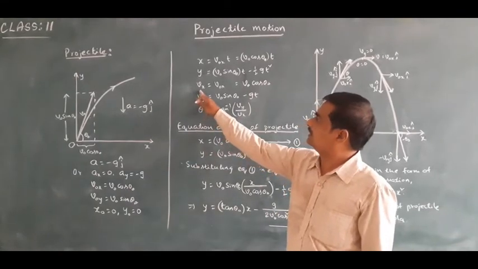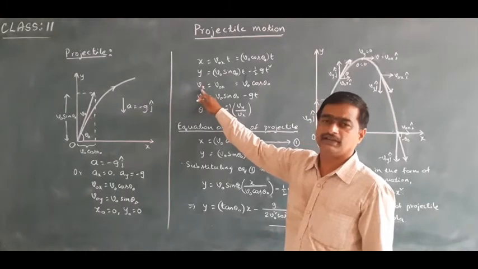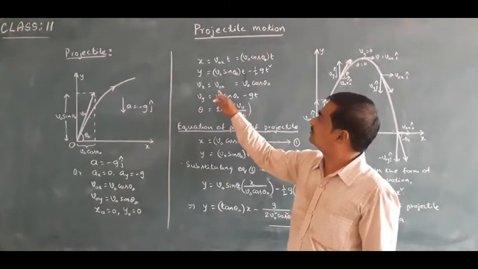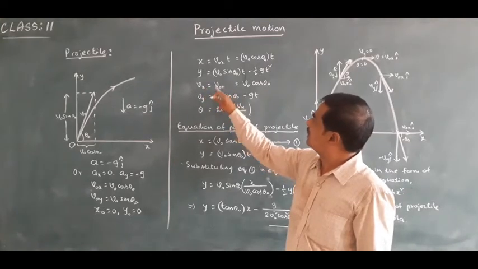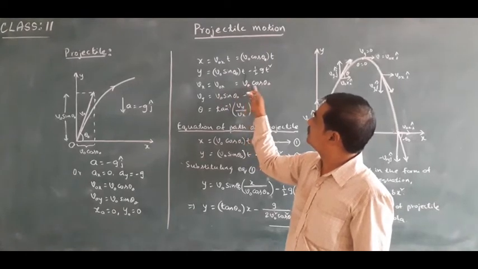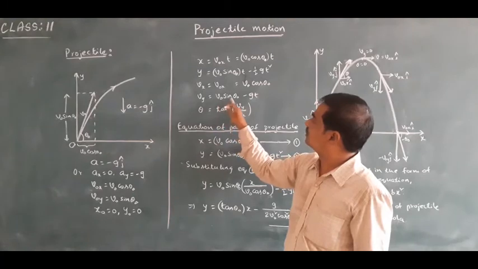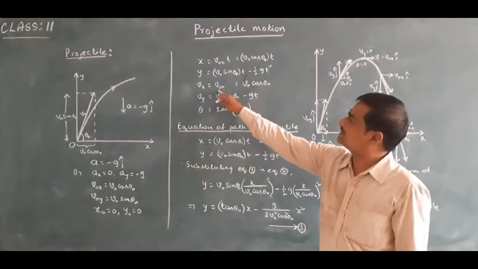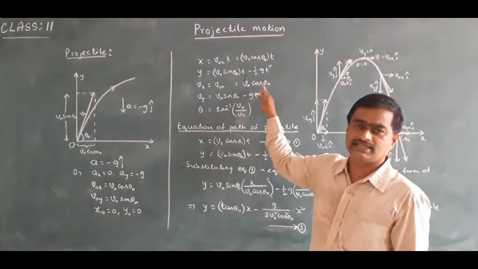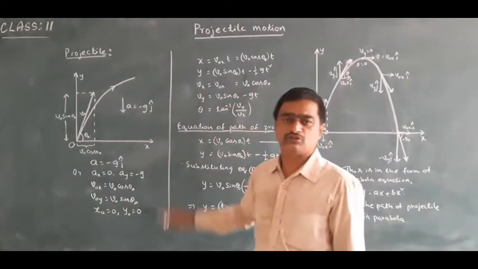Then at any position, the horizontal velocity vx, with initial velocity v naught cos theta naught, remains the same. And vy is equal to v naught sin theta naught minus g t. Here vx does not depend on acceleration due to gravity, so it remains constant throughout the motion.